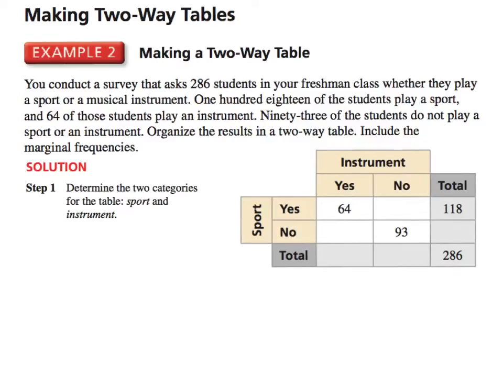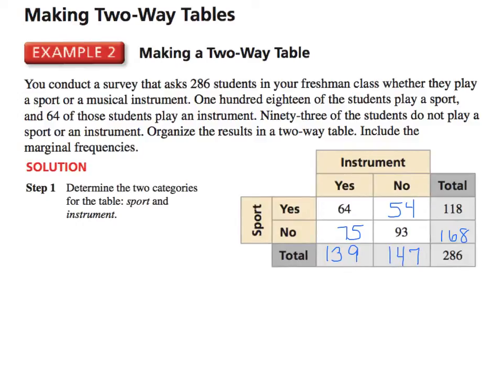So 118 minus 64, that gives me 54 as saying they played a sport but not an instrument. We know that there's 286 total, so I could subtract 286 minus 118. That gives me 168. That means 168 is a total for this row. So 168 minus 93, that gives me 75. And now I can add up these two rows, and this would be 139, and this would be 147.